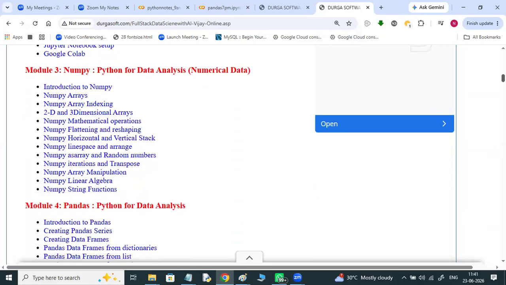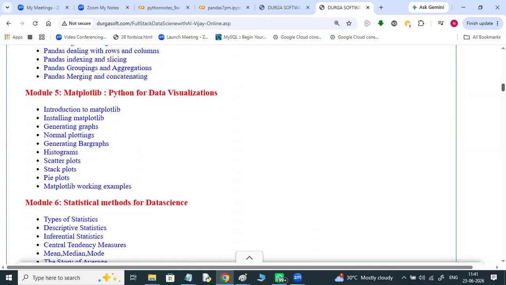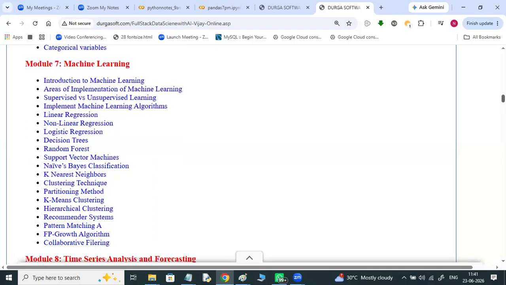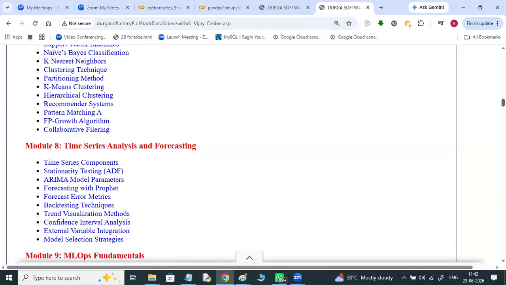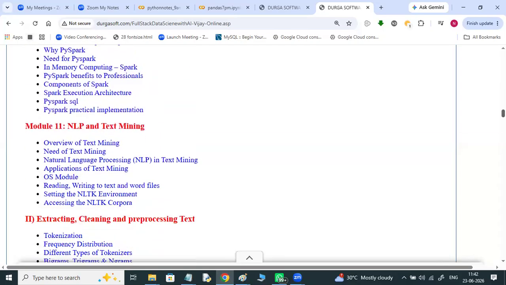Then matplotlib for data visualization, statistical methods for data science, machine learning topics and their headings, right? And around 20 algorithms will be discussed, models, time series and forecasting, MLOps, big data, PySpark.